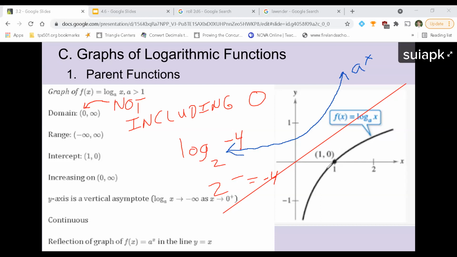Take your time. Where the red line is the line y equals x. Has a slope of 1 and a y-intercept of 0. You can find the inverse of any function by flipping it over the line y equals x, assuming it has an inverse to start with.